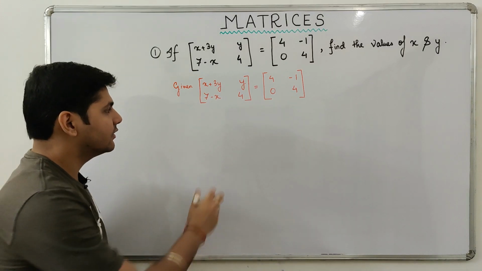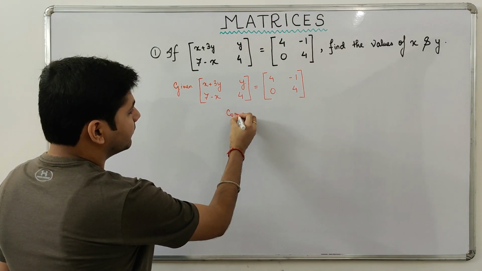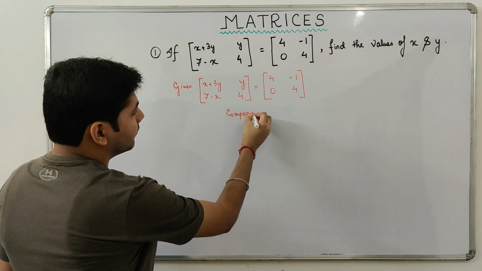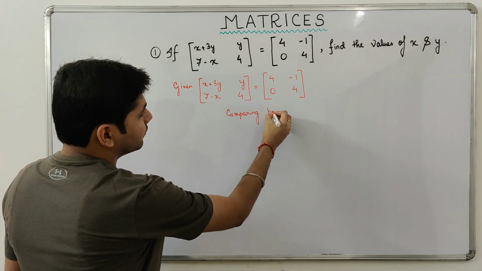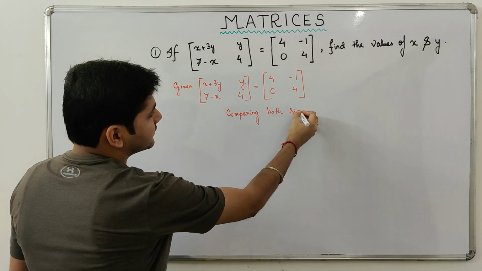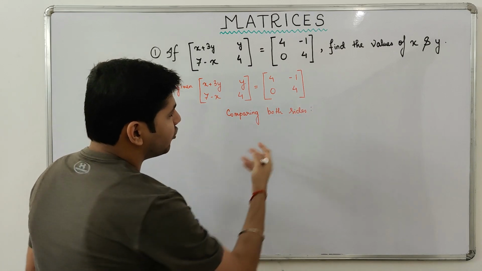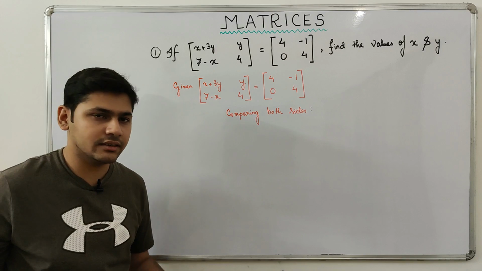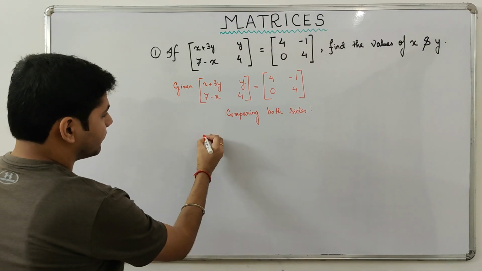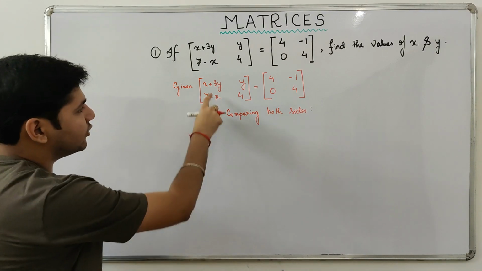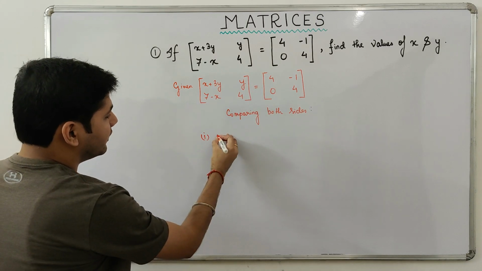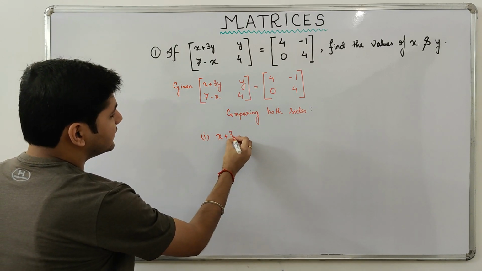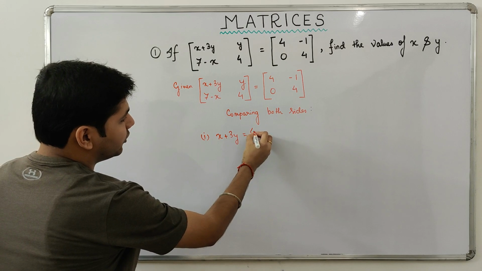So what we will write? We will write comparing both sides. And what we will get? We will get three equations. Let's write them. First is for the first elements. So we have x plus 3y is equal to 4.